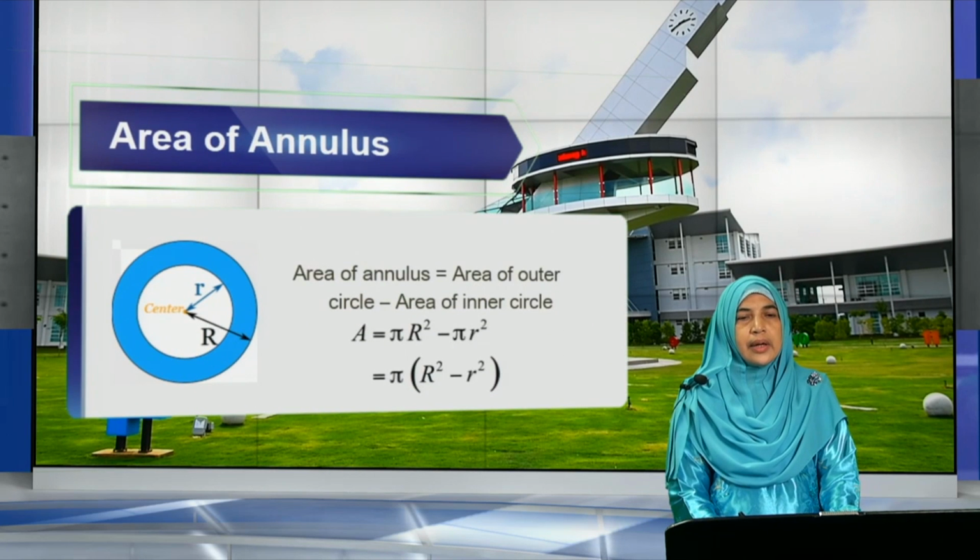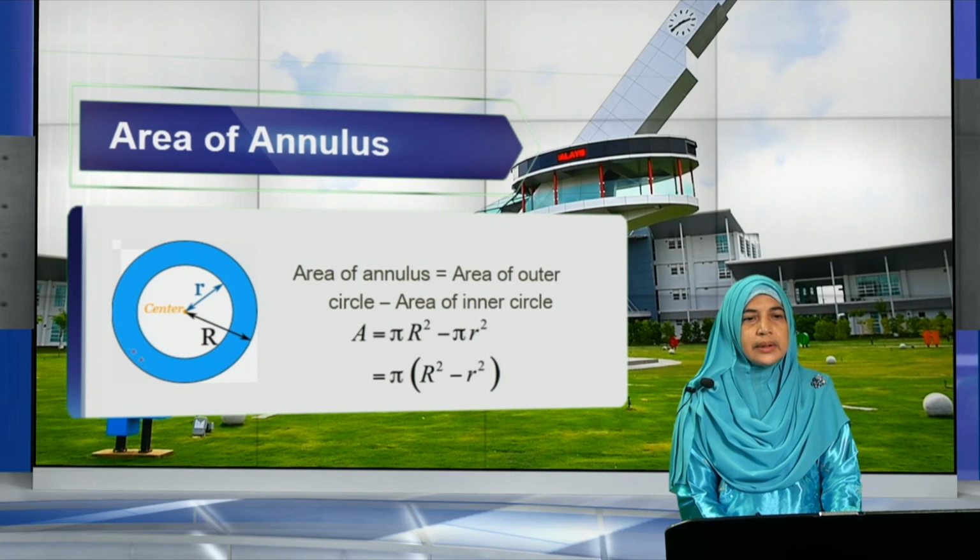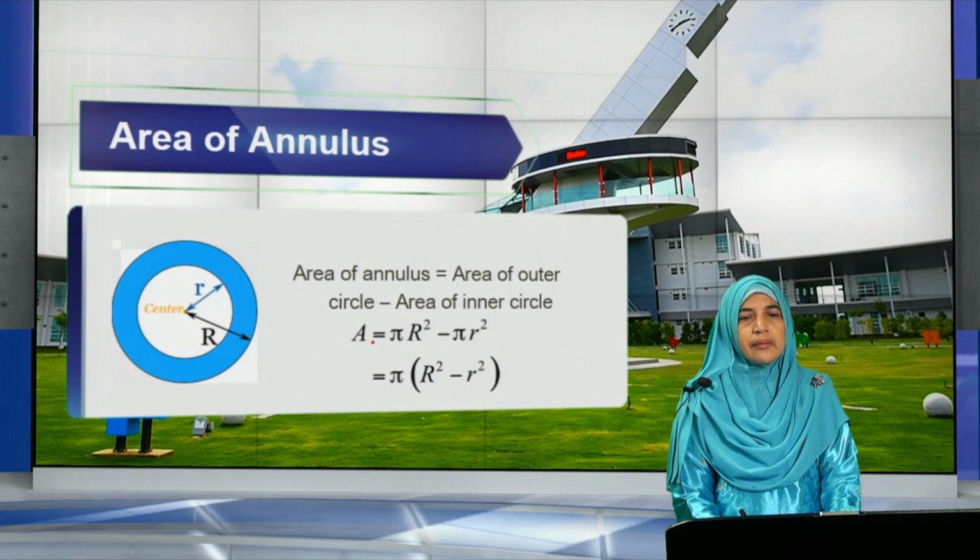So area of annulus is area of the outer circle. So we have the outer circle here. And then we minus the area of the inner circle, which is the hole here. So the area of the outer circle is pi R squared, because the outer R is the bigger R here, and minus the area of the inner circle, which is actually the hole here.